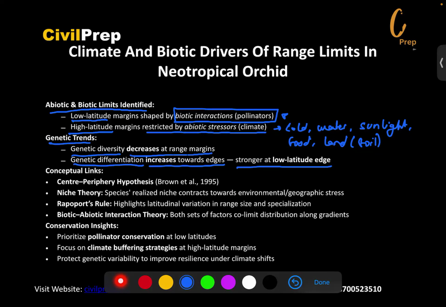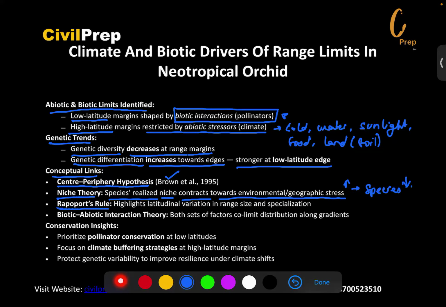Now, certain conceptual links can be identified, that is the center-periphery hypothesis, which we have discussed, and niche theory, which specifies that the species' realized niche contracts towards environmental or geographic stress. Wherever the stress is high, the species presence will decline.